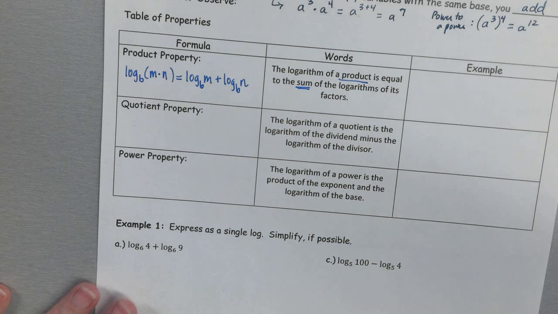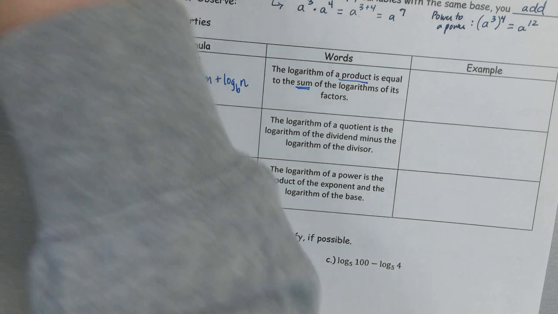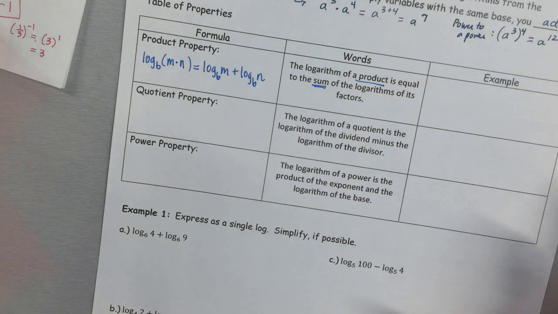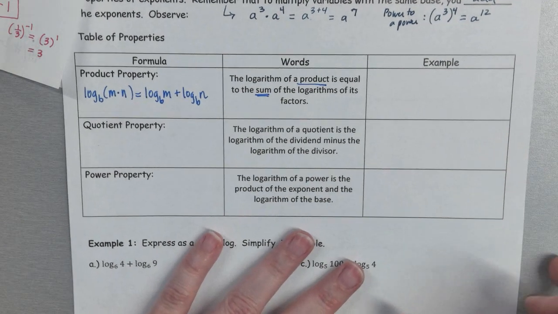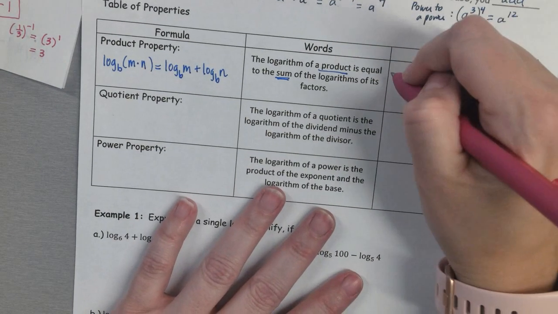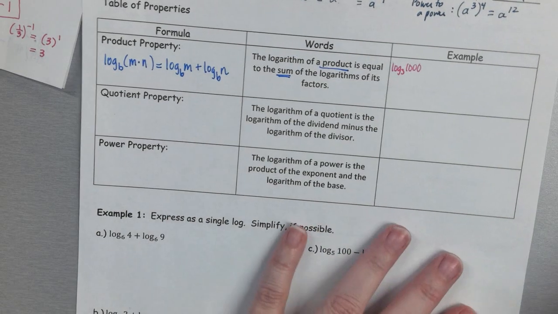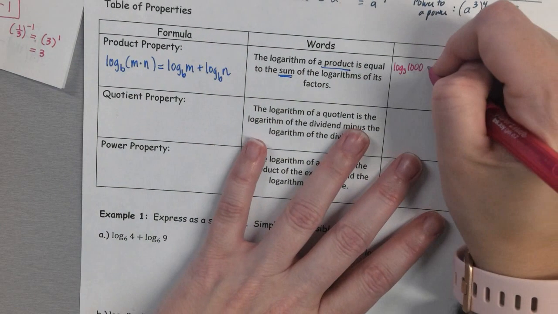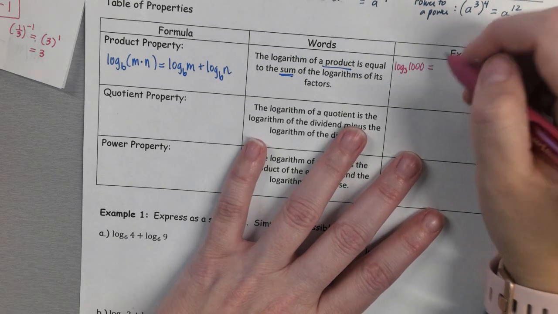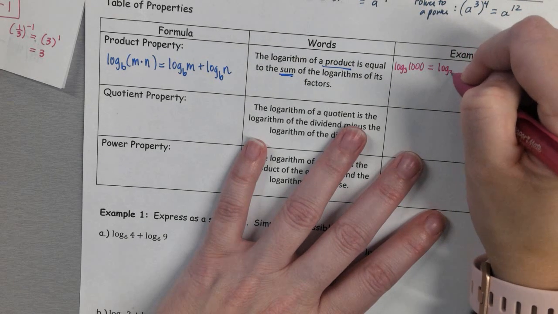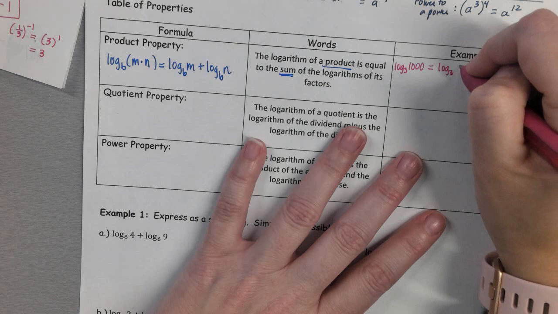So let's look at an example. Let's say you have log base 3 of 1,000. One way that you could rewrite this is log base 3 of 10 times 100.